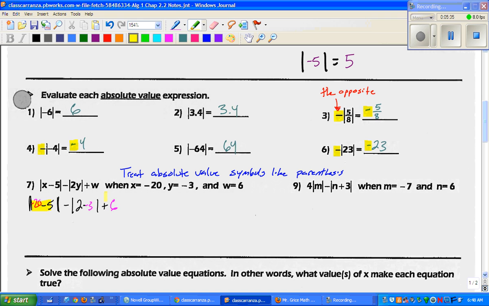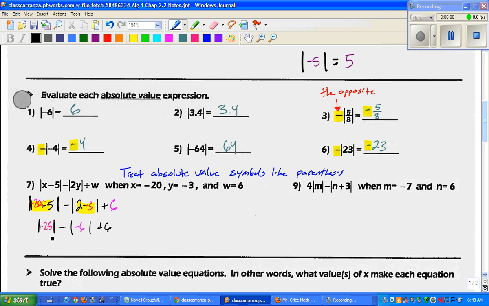So we're going to do what's inside first. Negative 20 minus 5 gives you negative 25. Minus 2 times 3 gives you negative 6 plus 6.